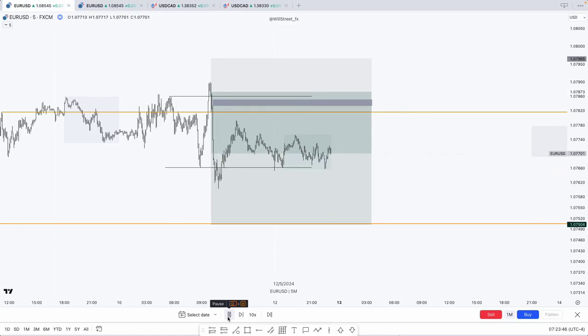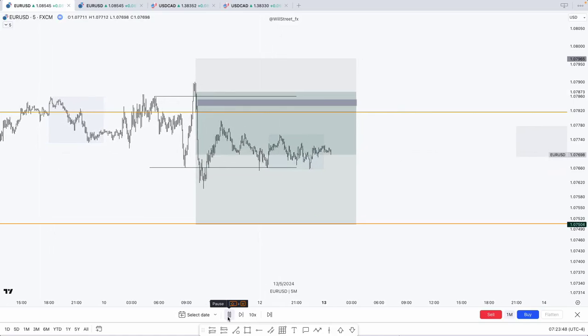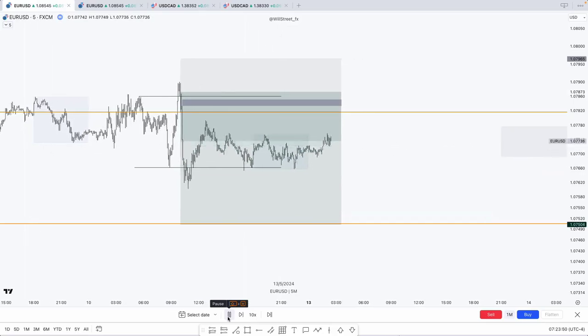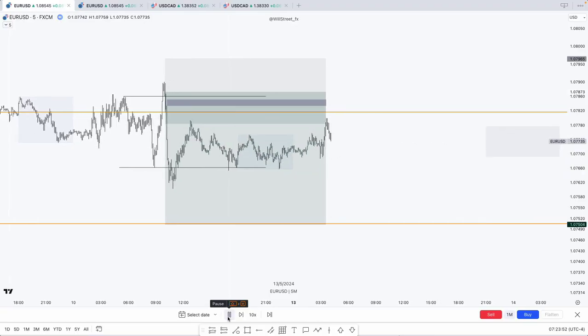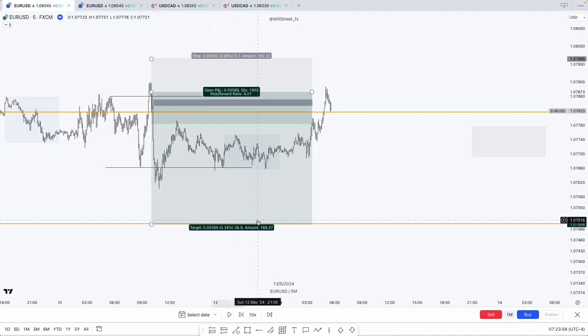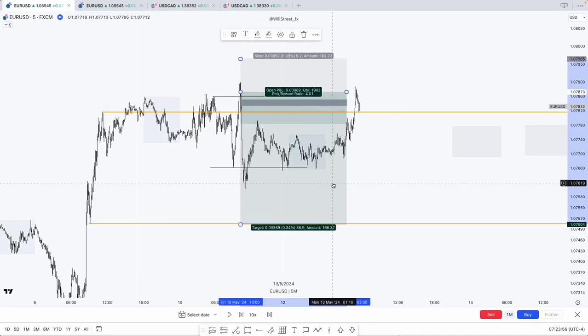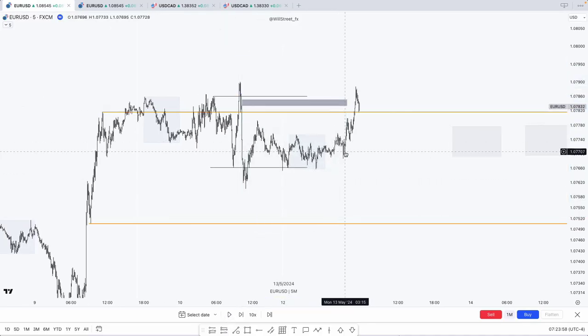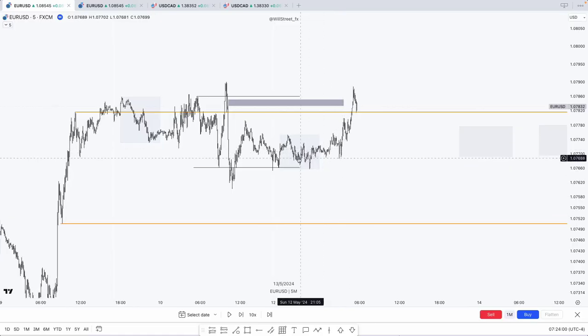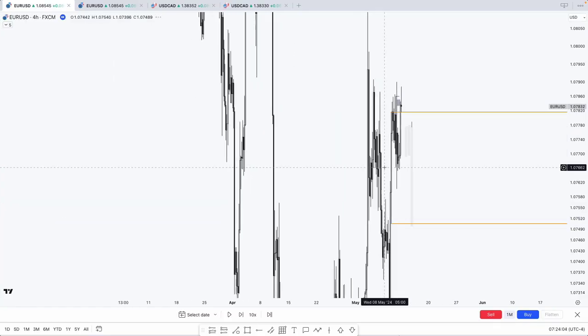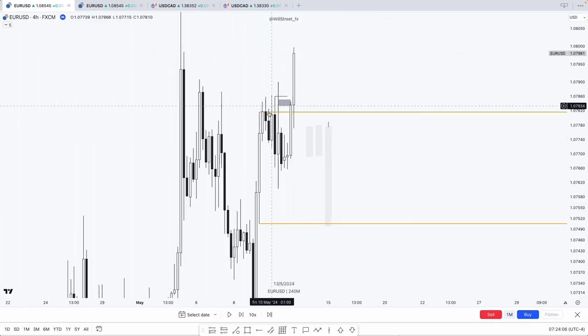And also we have the bias for next day, by the way. So in this case, I'm out here. Actually, I probably would be long. And if this is being respected, if not being respected, it invalidates this scenario.